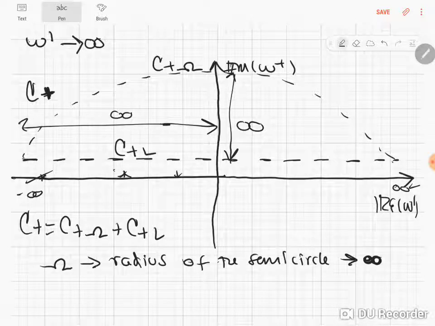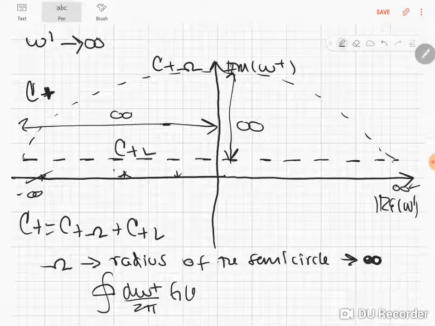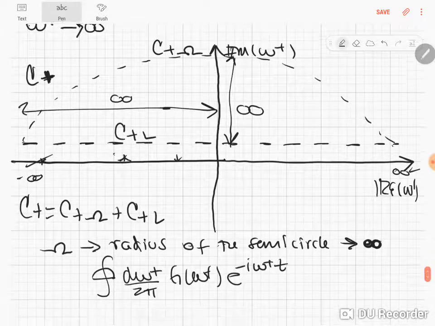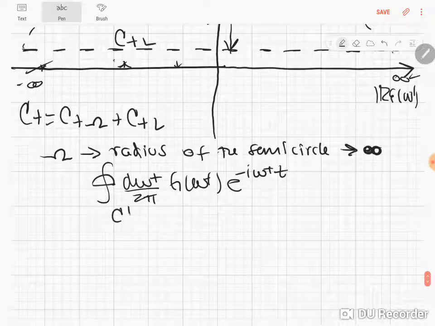And for this integral that we're calculating over this contour, the integral of d omega plus divided by 2 pi g of omega plus e to the minus i omega plus t, this is the integral that we're going to evaluate on C plus.